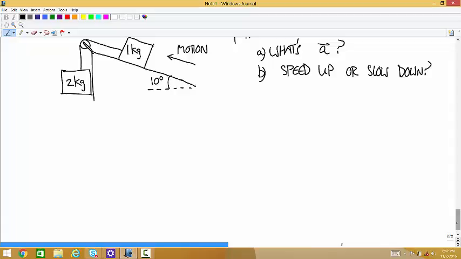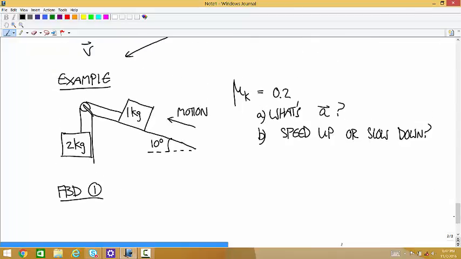Okay, well, let's start with the incline. So I'll do a free body diagram of the 1 kilogram block. We're going to have to do both of them anyways.